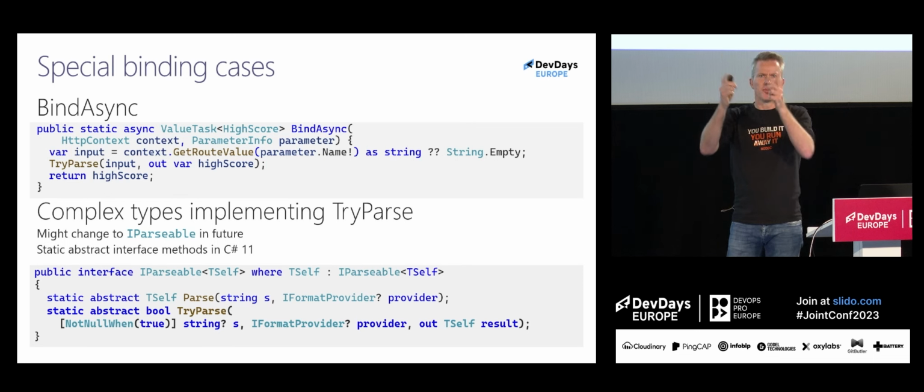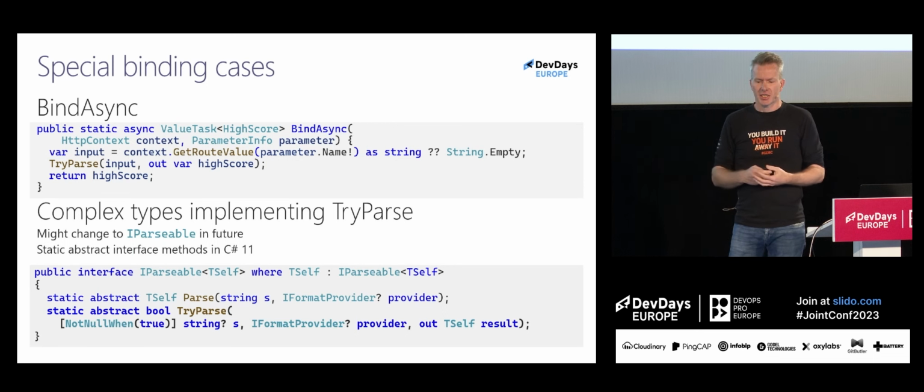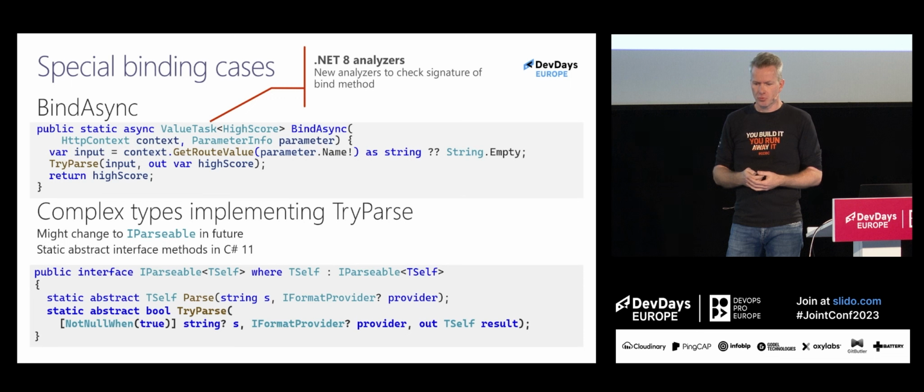That thing could be parsed as a whole, and you could say, okay, this is the type that I'm getting, and it's a point, and Point, the class, implements this interface. Now in .NET 8 they have an additional set of analyzers, and these analyzers check things like whether signatures are okay. So for example, if you would return a Task of T in this case, then you would get a warning that says, okay, this is not the correct implementation, so it's probably going to break.